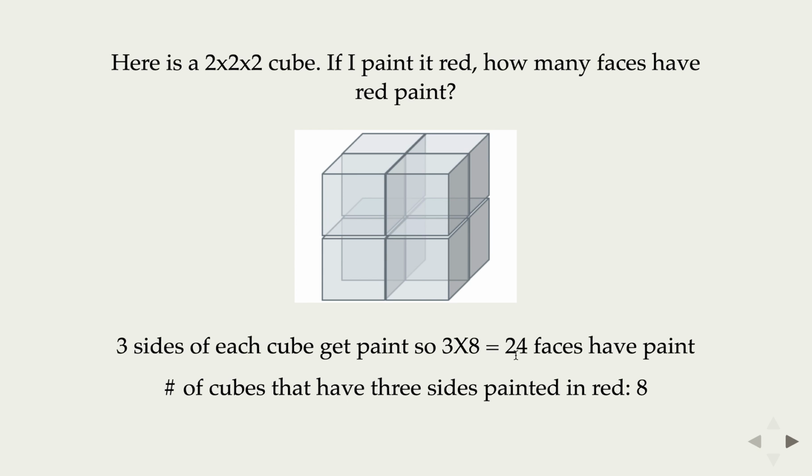Of course, in some questions they ask not about the faces, but how many small cubes have, let's say, 3 sides painted in red. In this case, 8 of them. The 8 cubes all have 3 faces painted in red.